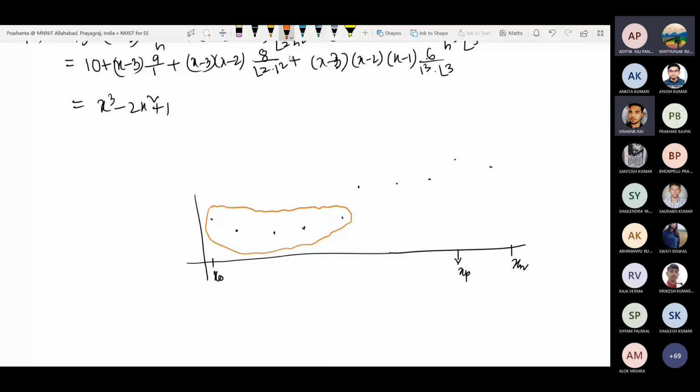For example, if 100 data points are there and you have to find the output value close to the end of the data, then you may discard the first few data points so that the degree of the interpolating polynomial becomes less. Or if you want the output value close to the beginning of the data, then you may discard the last few data points.